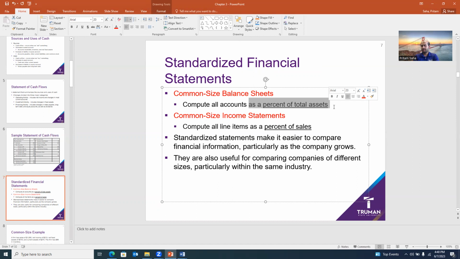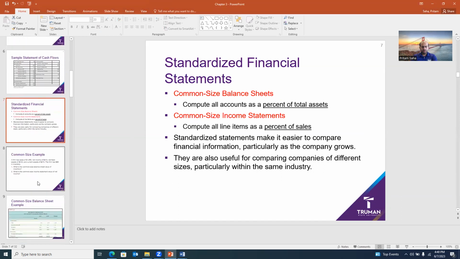Now for the income statement, we are converting all accounts like cost of goods sold, interest expense, depreciation as a percent of sales. So basically we're scaling all the components of the income statement as a percent of sales. This is common sizing. We are converting all those statement values into a common standard.